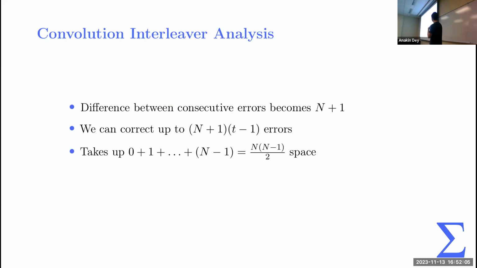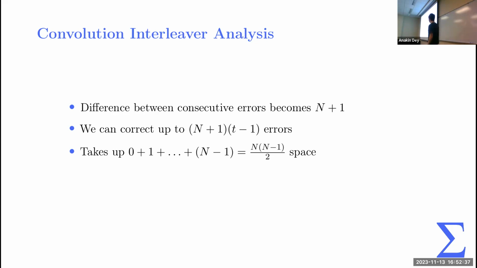To analyze the convolution interleaver, the difference between consecutive bits becomes n+1, where n is the number of queues we have, or if we use the matrix analogy, it's also the number of columns in our matrix. Once again, we're going to assume that our word length is the same as the number of columns in this matrix, because it's nice and very practical.